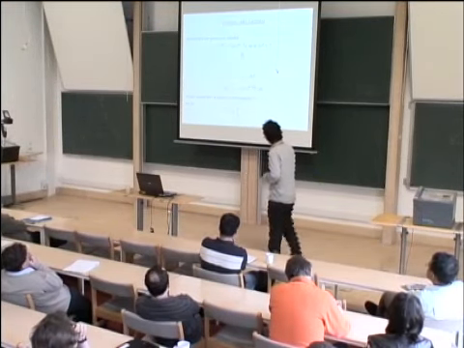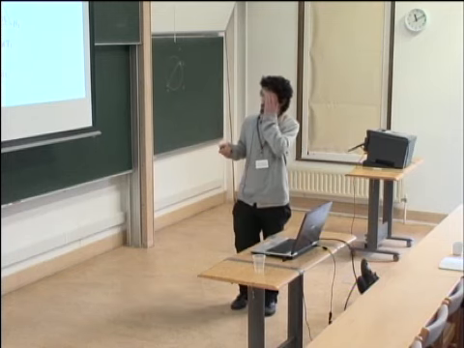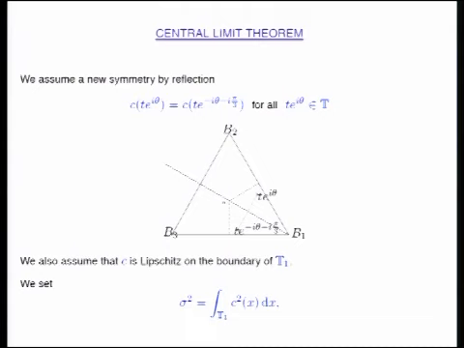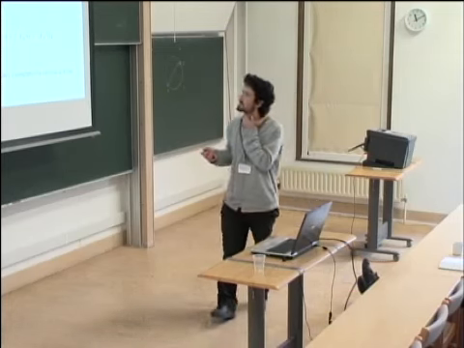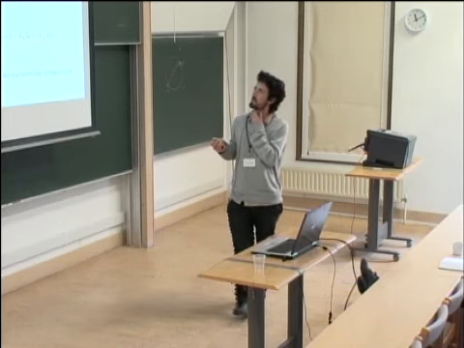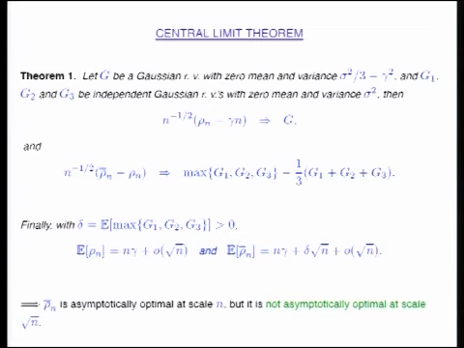So it's a new geometric assumption, and we also assume that the cost function C is Lipschitz in the neighborhood of the boundary of the Voronoi cells. We will call sigma square the integral of the square of the cost. Then we can prove that rho n minus gamma n, the asymptotic load renormalized by square root of n, converges to a Gaussian random variable with variance sigma square divided by 3 minus gamma 2.